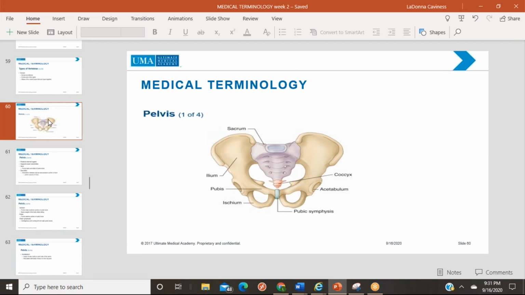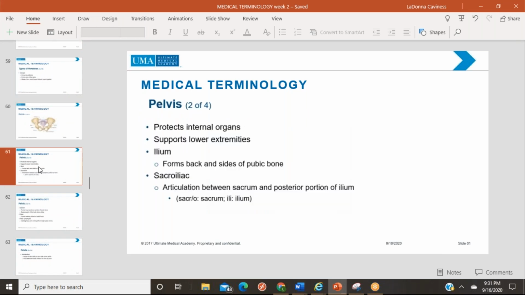The pelvis. So we're going to talk a little bit about the pelvis. So let's go ahead and get started. The pelvis protects the internal organs. It supports the lower extremity. The ilium forms the back and side of the pelvic bone. The sacroiliac is the articulation between the sacrum and the posterior part of the ilium.